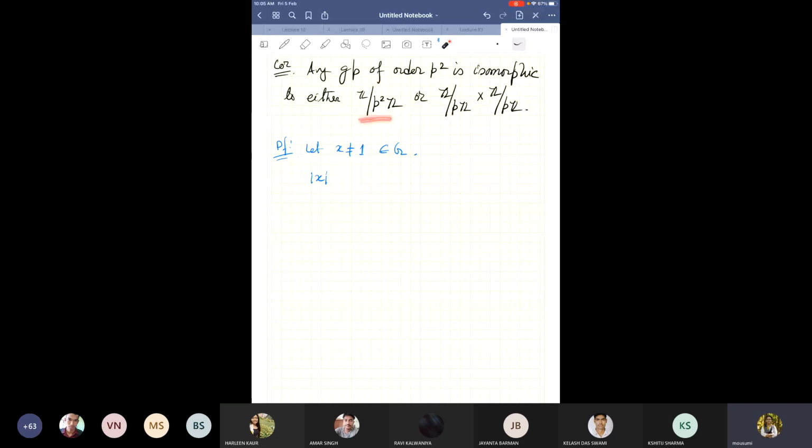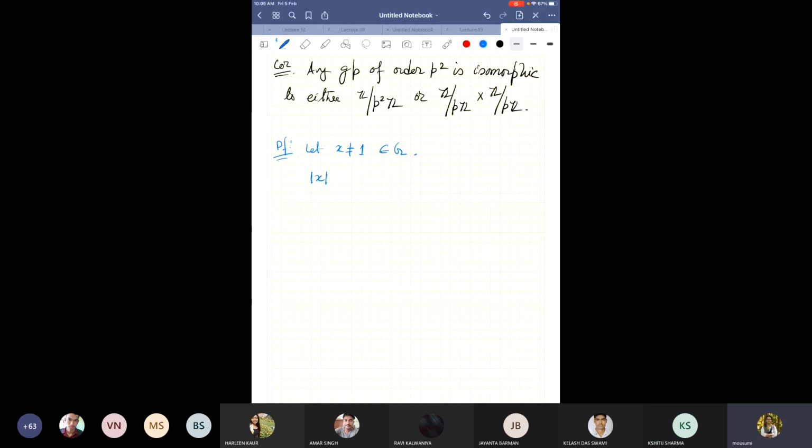That is what I have to prove if I want to show this is isomorphic with this. So what will be the choices for order of X if X is a non-identity element? Order of X will be equal to P or P square.